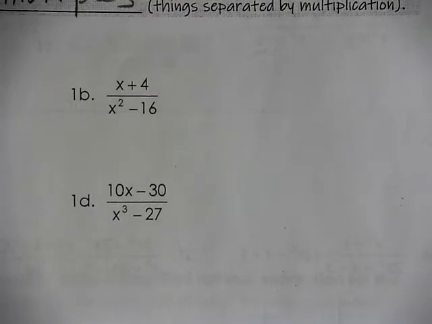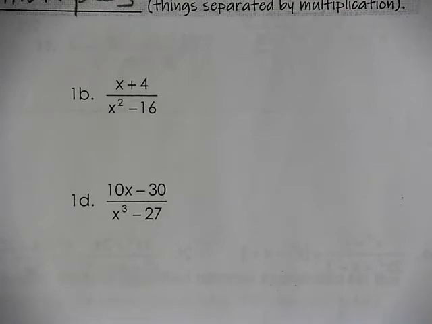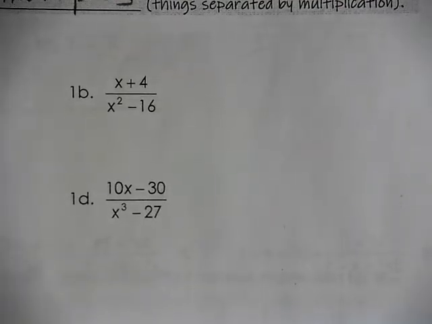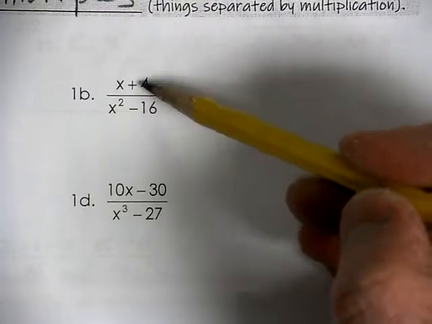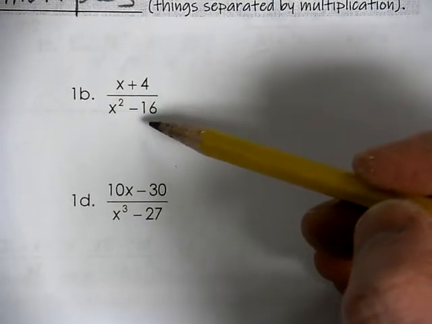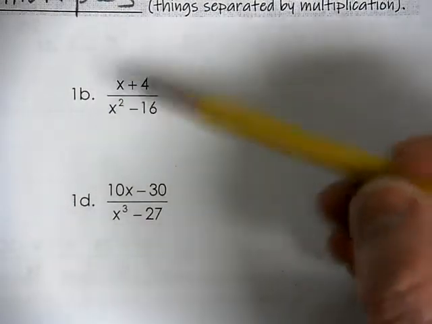So think about what you can do here with 1b. Notice you cannot reduce the 4 and the 16. You cannot reduce the x over x squared.